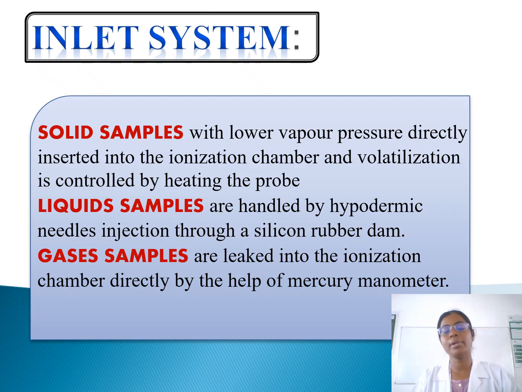If the sample is liquid, it is injected by a hypodermic needle through a sample inlet and silicon rubber dam. If the sample is gaseous, it leaks into the ionization chamber through the mercury manometer. The gaseous sample is directly injected into the mercury manometer, and the liquid sample is injected through the silicon rubber.